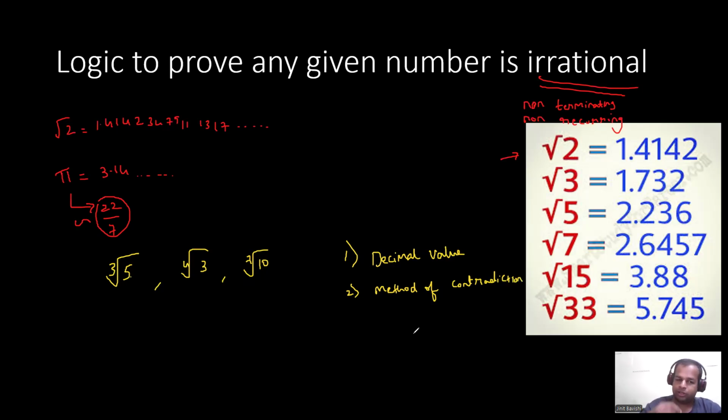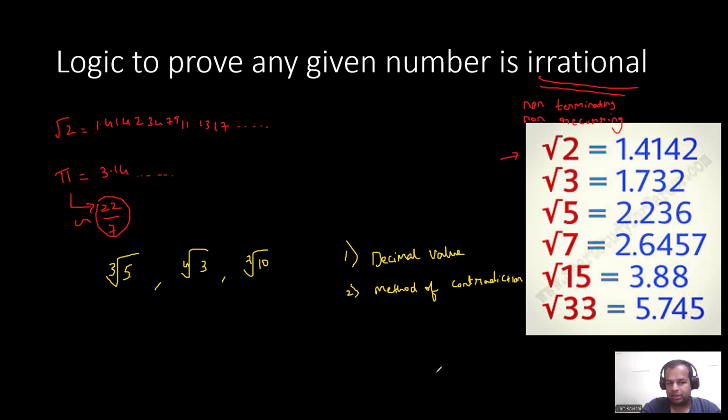In this method, we start with an assumption, that it is going to be a rational number, and we make some further assumptions on that basis. Then we come to an outcome which contradicts our assumption. That is why we conclude that our assumption was wrong. Hence it is the other way around, so we say that it is irrational.